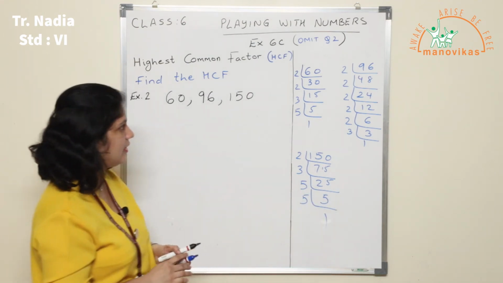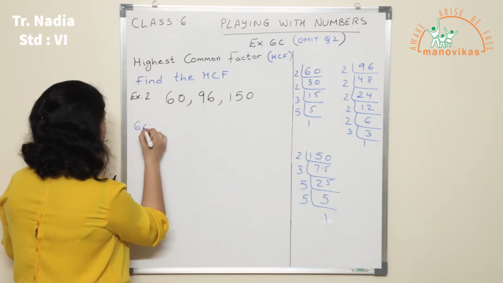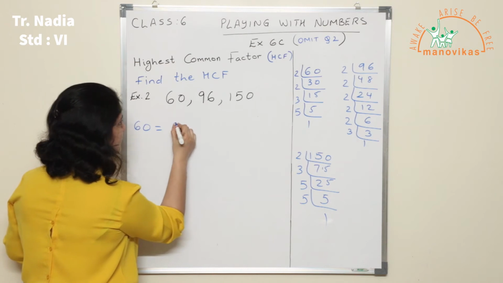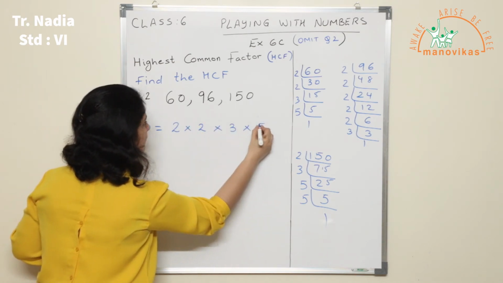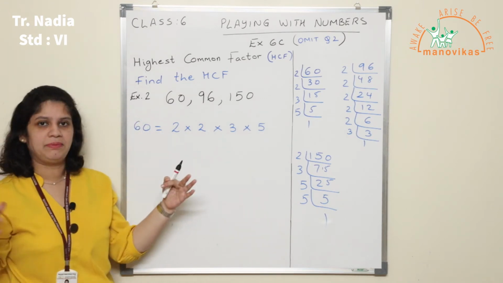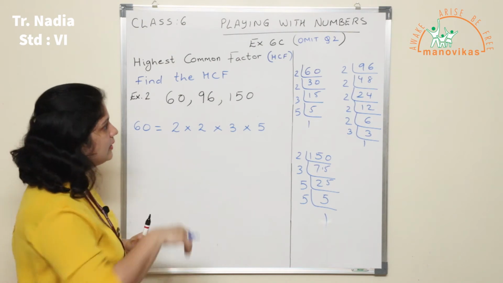Okay, so all the 3 numbers are factorized. Now what is my next step? To write all the factors here. So 60 has 2 multiplied by 2 multiplied by 3 multiplied by 5. Now children, in this step, please don't congest the numbers. It will be difficult for you all to form pairs.